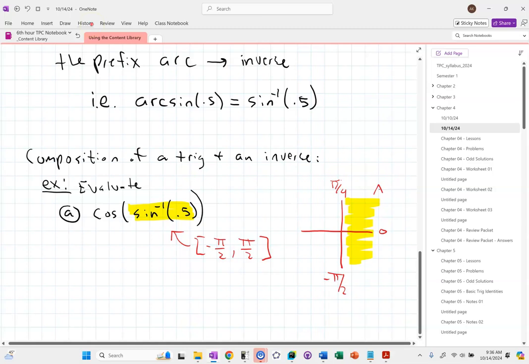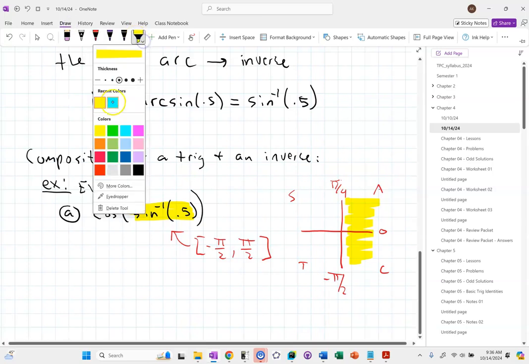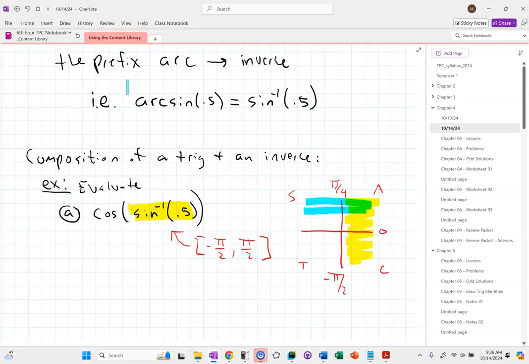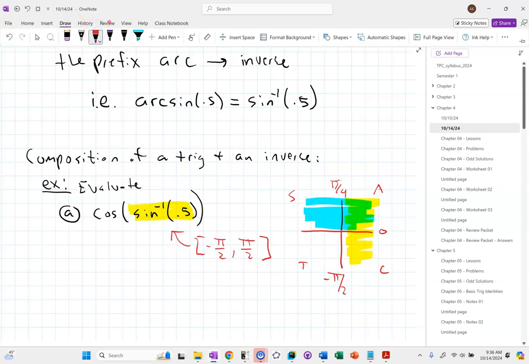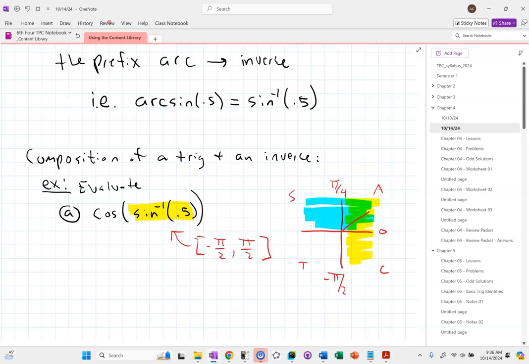If I do an all silly turtles crawl, well, sine is positive in quadrants 1 and 2. So I know my answer I'm looking for is in quadrant 1. Everybody agree?